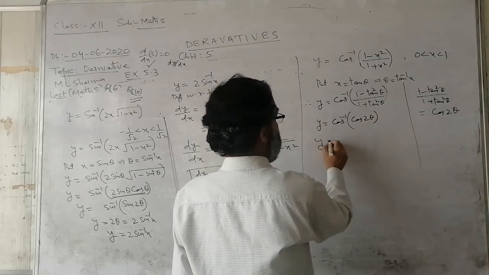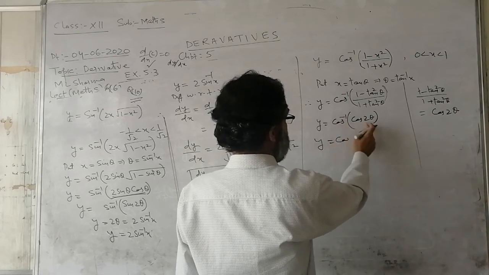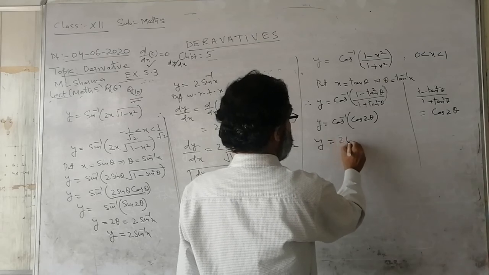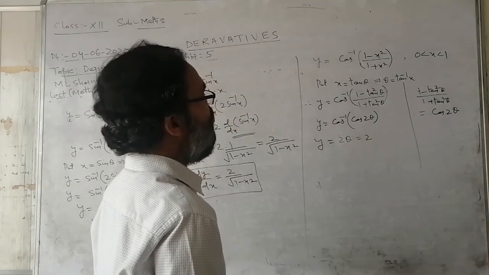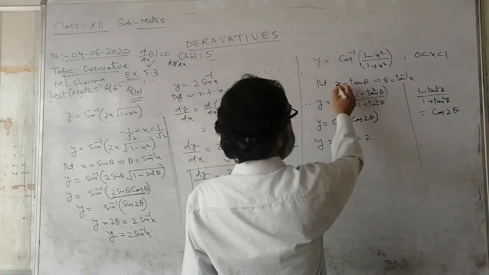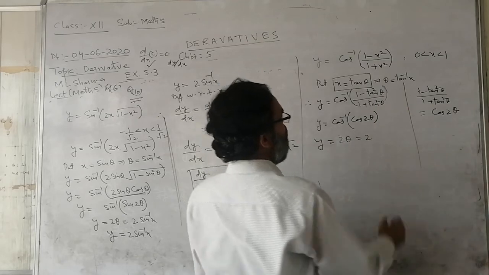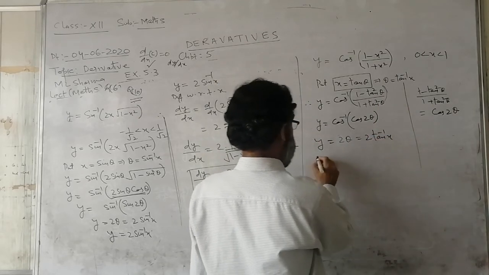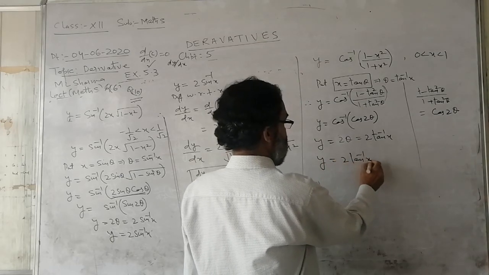So y will be equal to cos inverse, they will cancel each other. So this will be simply 2 theta. So 2 theta, its value is tangent inverse x. So that means y equal to 2 times tangent inverse x.